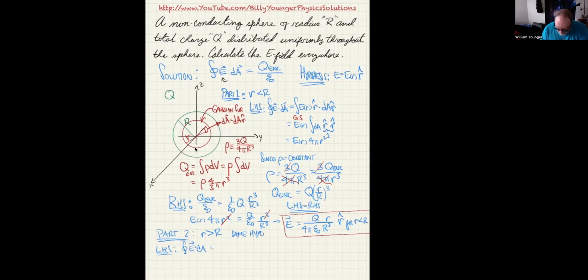And that's going to be, of course, E of r times 4 pi r squared. Again, I'm doing it fast like we would in an actual exam. I know that's what it's going to work out to be.